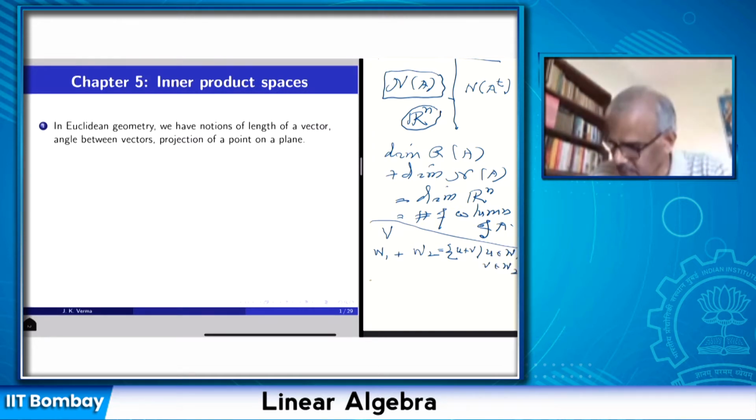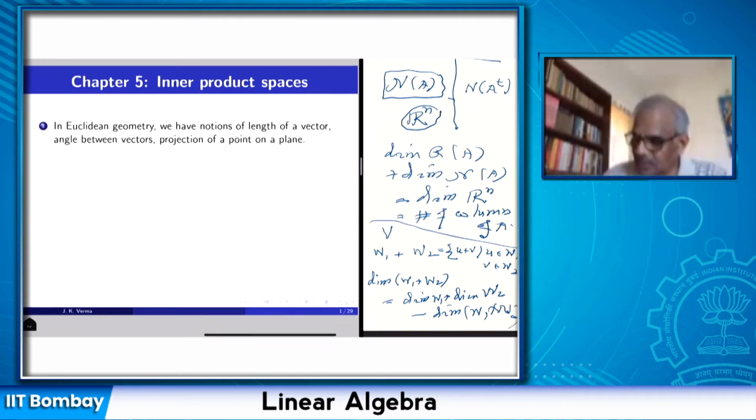And we proved this formula: the dimension of the sum is equal to the sum of the dimensions minus the dimension of the intersection.